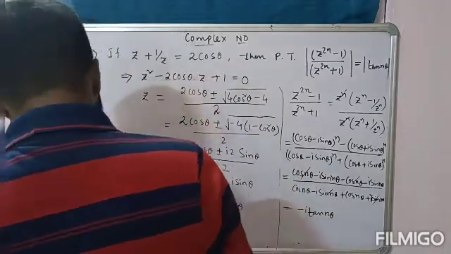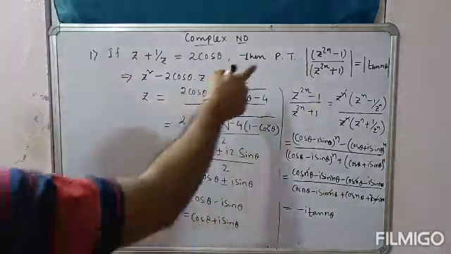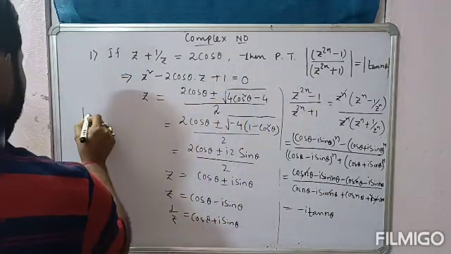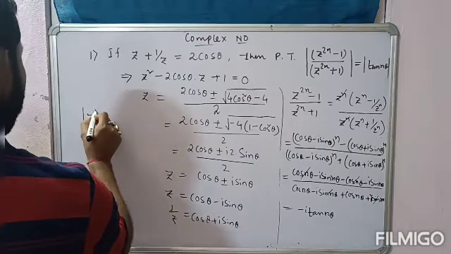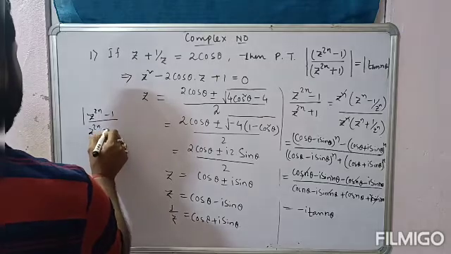So since here minus i into tan n theta is there, now we can find out the value of this expression. That is, look here, modulus of (z to the power 2n minus 1) divided by (z to the power 2n plus 1).